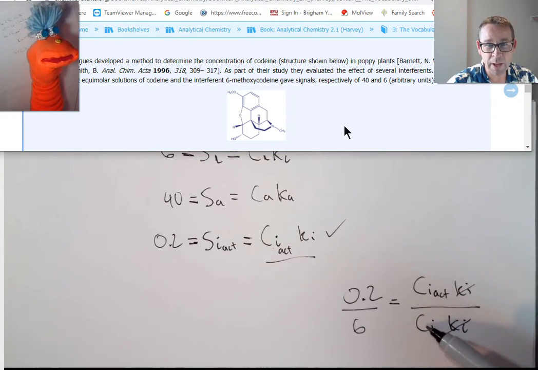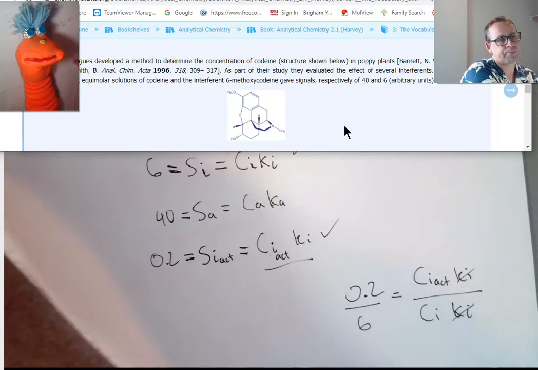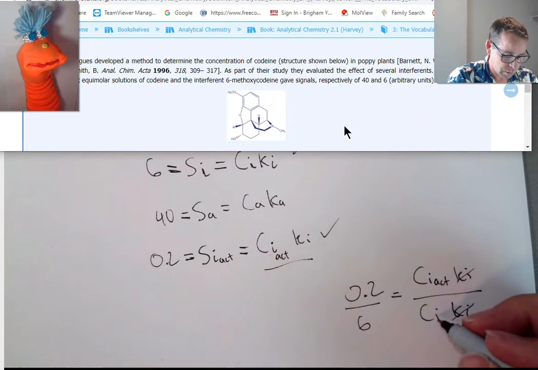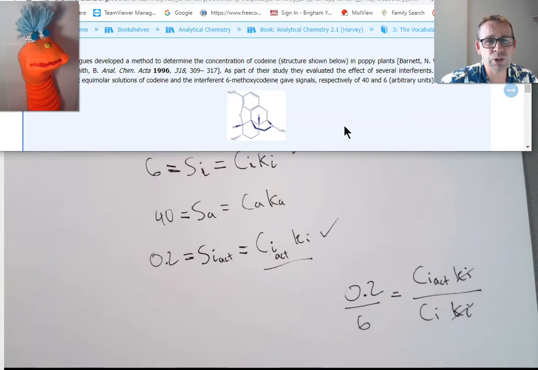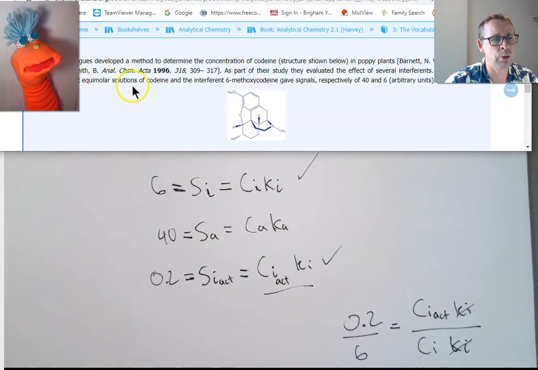Now, we still don't know what that was, but we do know something about that. We do know that the Ci was equal to the concentration of the analyte. Do you remember that? Oh, because it says equimolar solutions?